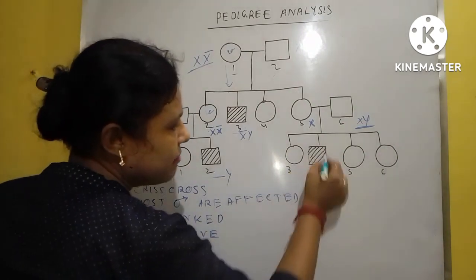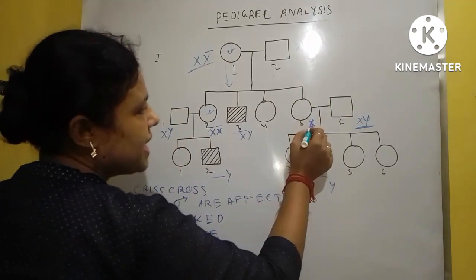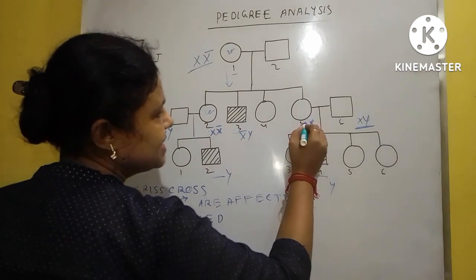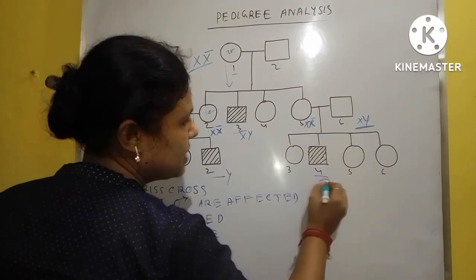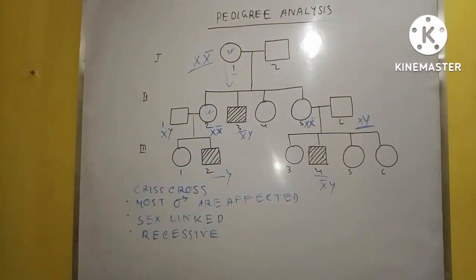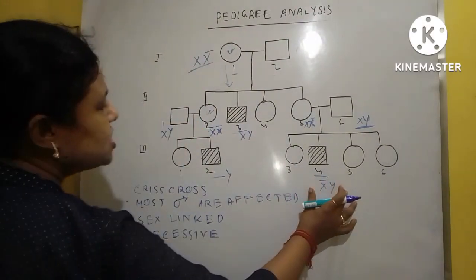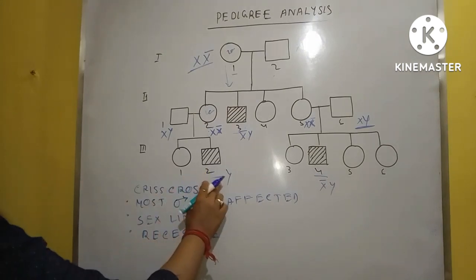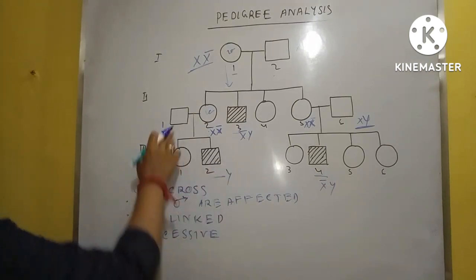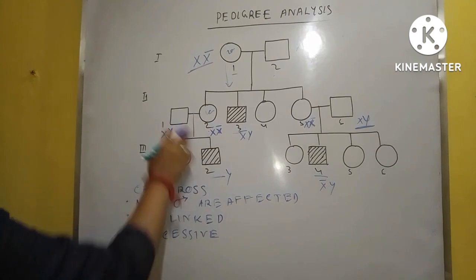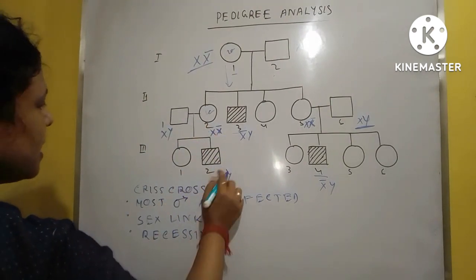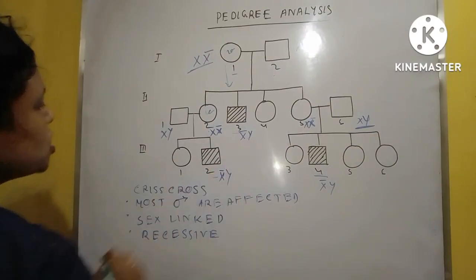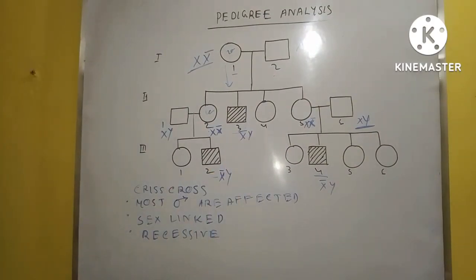But here the male is diseased, so the X gene carrying the disease is coming from the mother, and the Y gene is coming from the father. So these are the actual genotypes seen here.